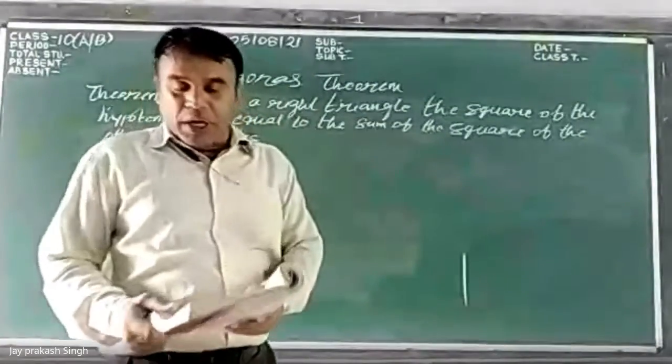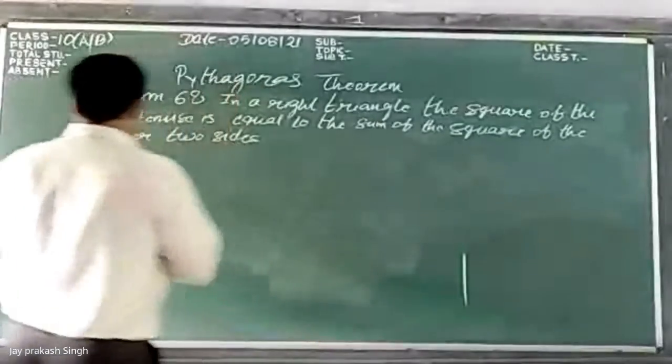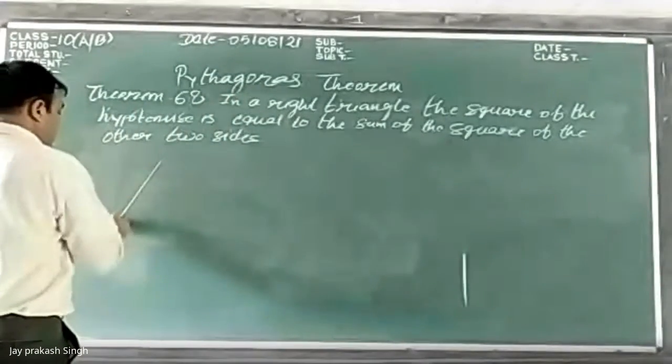So in the same way, we construct a right angle triangle as we have constructed earlier. That is in this way.